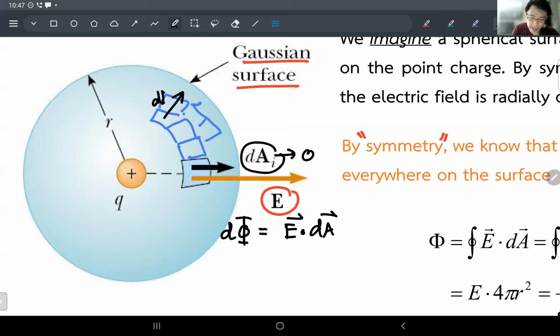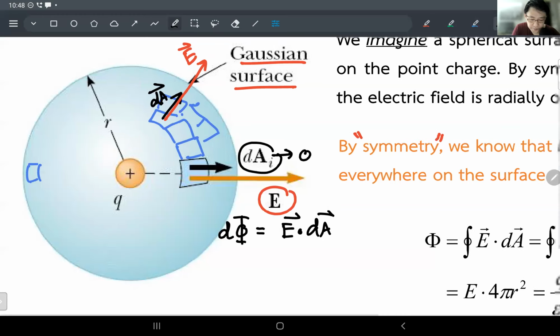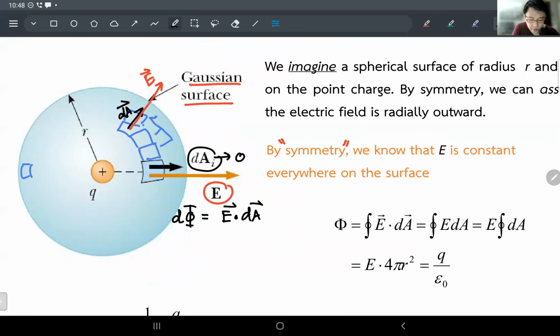This is my dA vector. This is going to be my E vector, because E and A are pointing in the radial direction. That's why we pick a sphere having the charge at the center. You can go to the other side over here. The area vector is going to point perpendicular to it, and the electric field vector also points parallel to it.